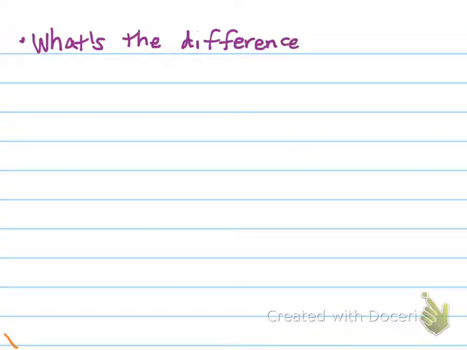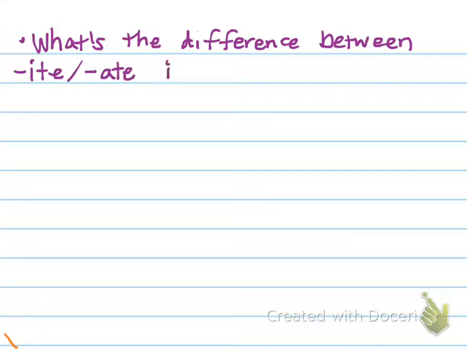So we want to look then at what's the difference between -ite and -ate ions. So to kind of look at that, I'm going to give you some to look at. So SO3 with a charge of -2, this is sulfite.